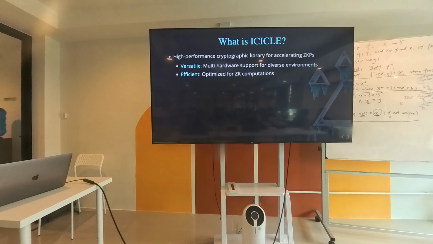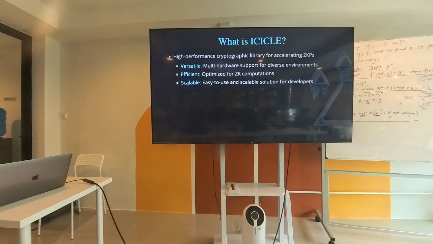We want Icicle to be efficient, specifically customized for ZK computations, and a lot of the efforts of our research team go into coming up with new multiplication techniques or improving the efficiency of low level operations so that we can make Icicle better.